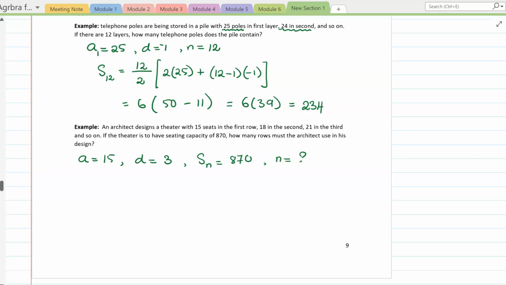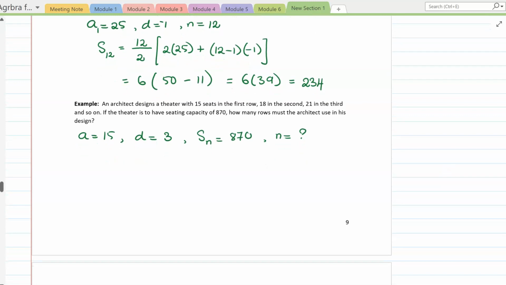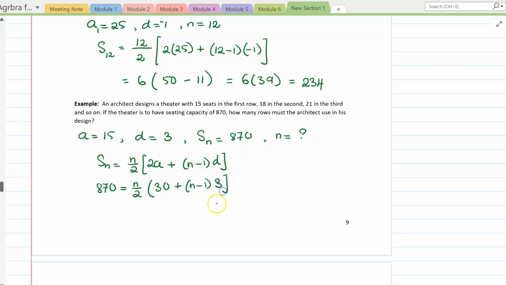Let's put this into an equation that we know how to solve. We know that S sub n equal n divided by 2 times 2a plus n minus 1 times d. So 870 equals n divided by 2 times 2a, that's 30, plus n minus 1 times 3. And we will solve this equation for n.